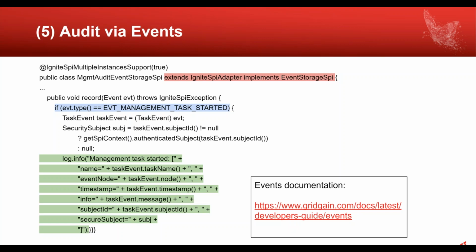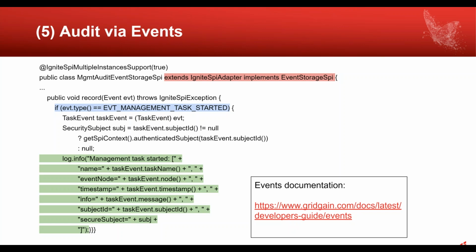You can see that every event will go to this record method, and after that you can, for example, print the information from this event, or somehow store this information to some place to build your audit using this information. Also, this event storage SPI has a method named authenticated subject.